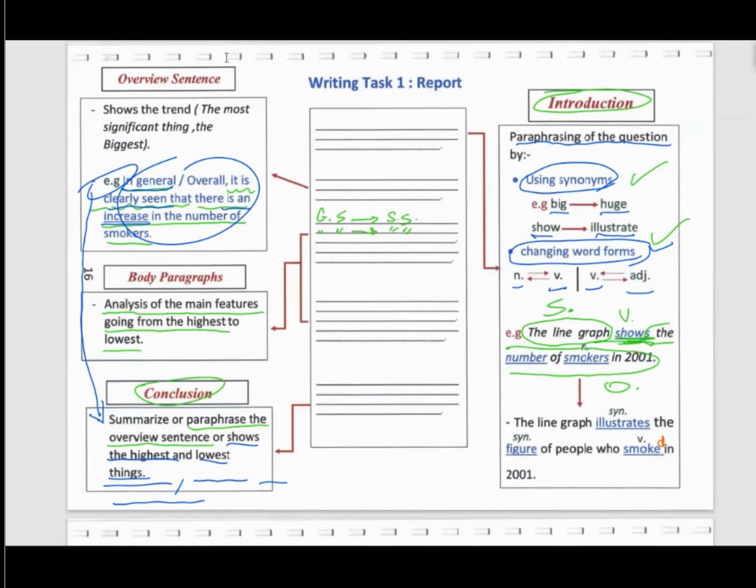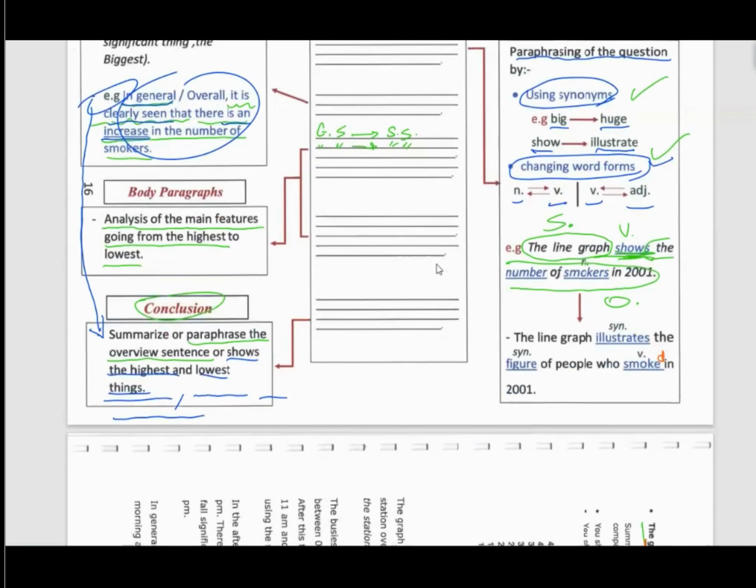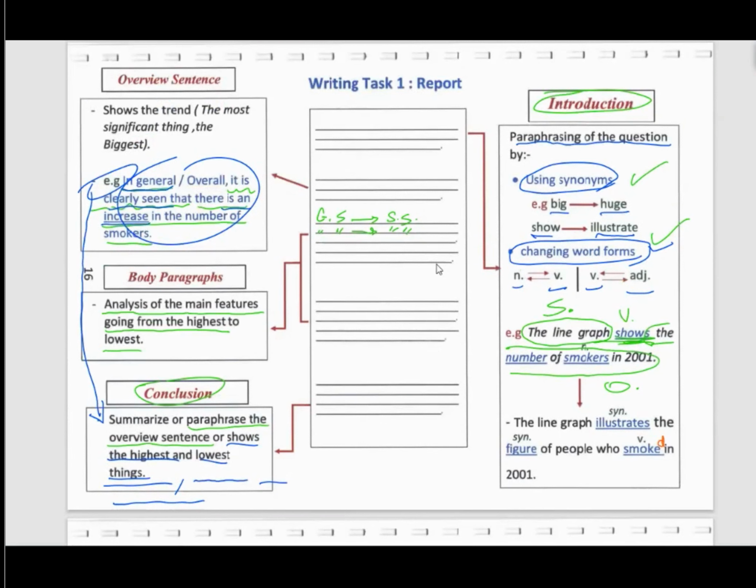So try to remember this drawing, this structure, to make it easy for you to answer task 1. I'll give you a practice, I'll give you homework to do during the weekend, a lot of things. Whenever we finish a skill, we understand it, then you have to do a practice on it, practice test or practice writing, practice exercise, and you will send it to me to evaluate it. Okay?